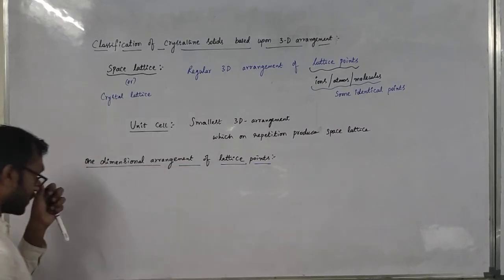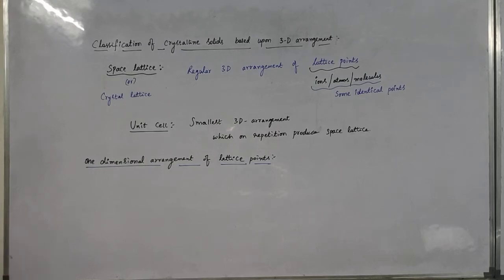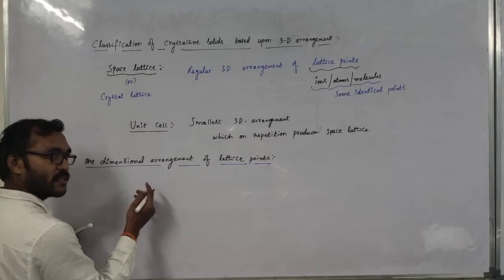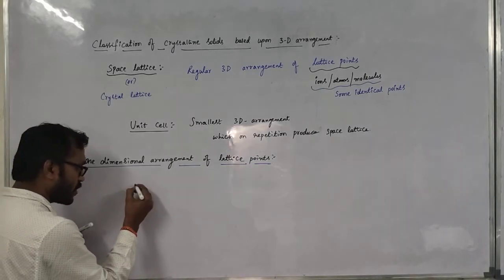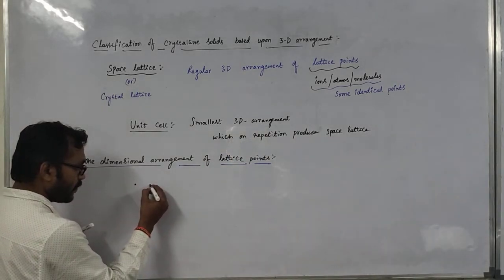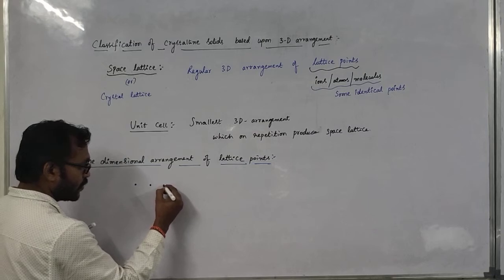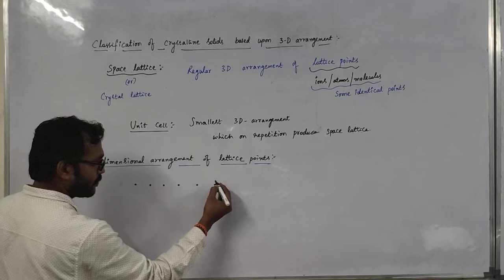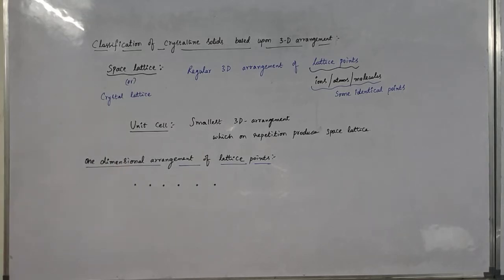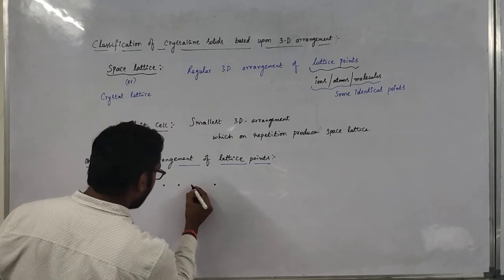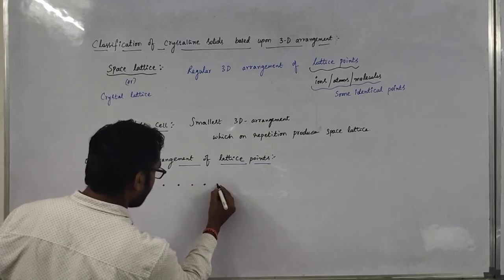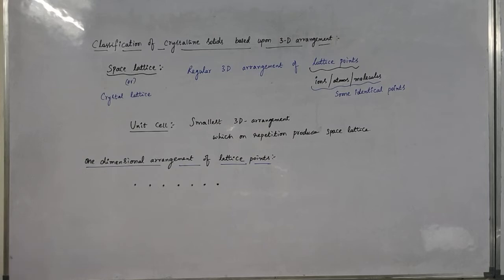Give me any one-dimensional arrangement of lattice points. If I assume marbles or spheres or dots, these dots are arranged in a regular fashion. Assume that they have uniform separation. Now we call this one-dimensional.